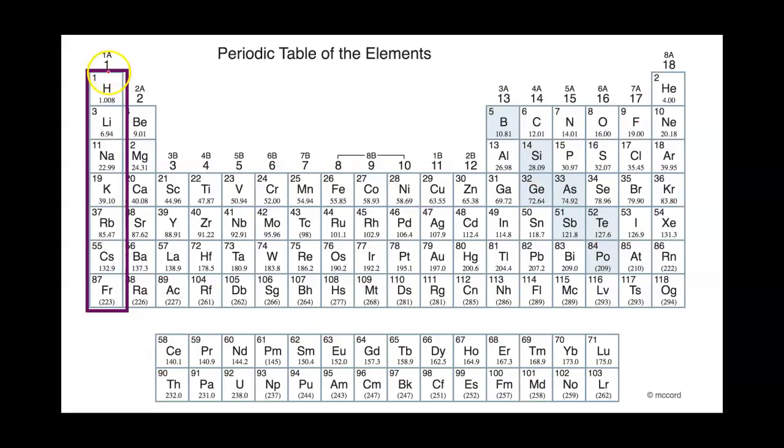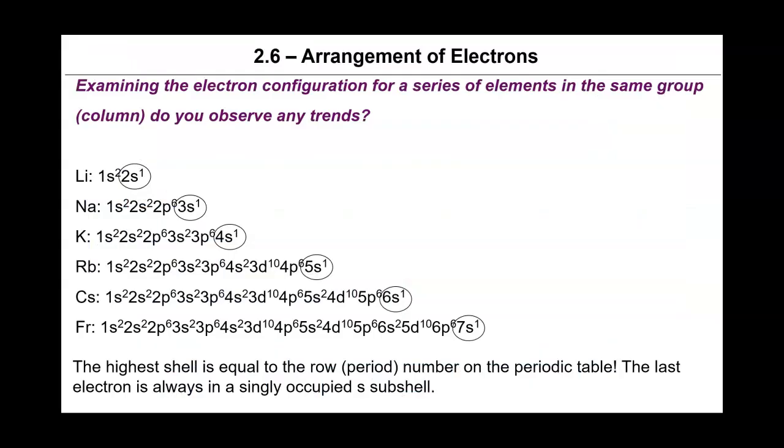So let's look at some elements here that are in group 1A. And if we look at the electron configurations for all of these elements that are in the same group, we observe an interesting trend.